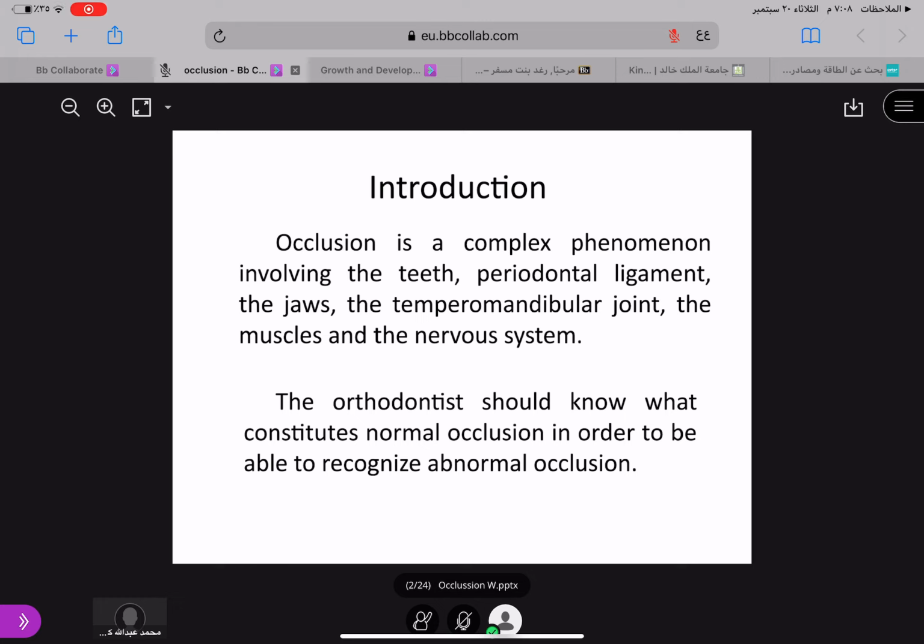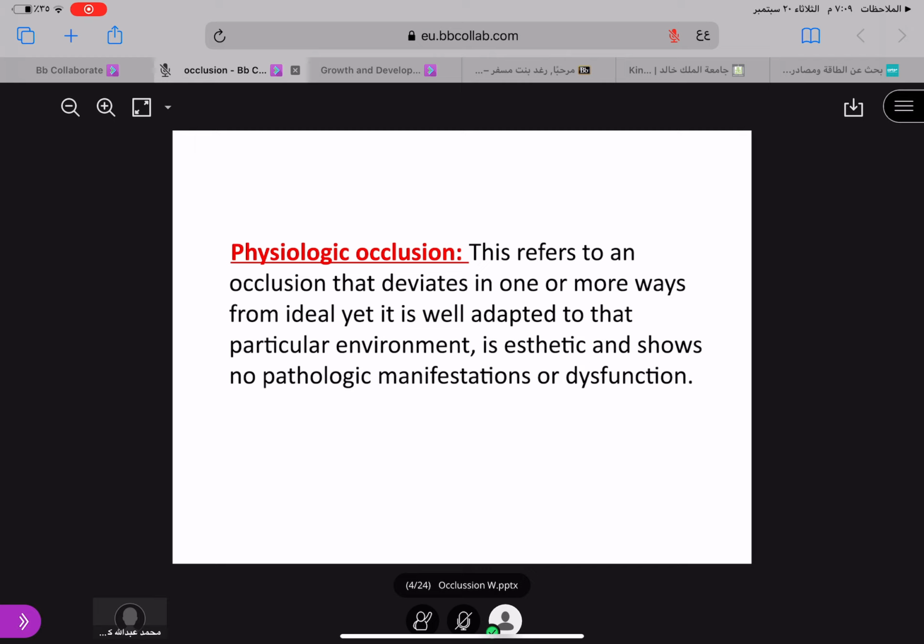Yes, the occlusion which actually exists is physiological occlusion, that is called normal occlusion, which in definition terms is the occlusion that deviates in one or more ways from an ideal occlusion, yet is well adapted to that particular environment, is aesthetic, physiological, functional, without any pathological manifestations or dysfunctions, right? So there is nothing called ideal occlusion.